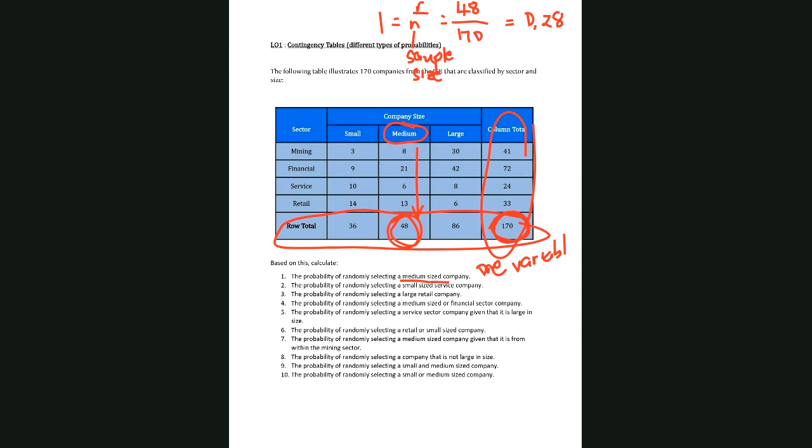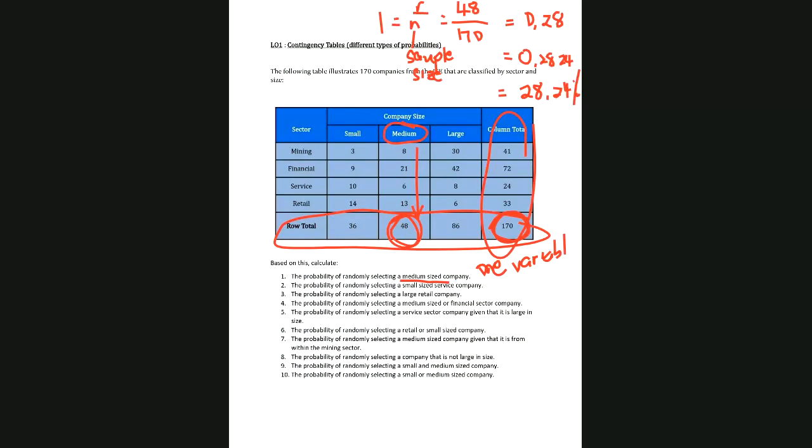If they do ask you for a percentage, then you'll naturally leave it as 4 decimal places first. So it would be 0.2824. And then as a percentage, it would be 28.24%. Okay, so this is your answer for the first question. It was one where we were looking at a marginal frequency.